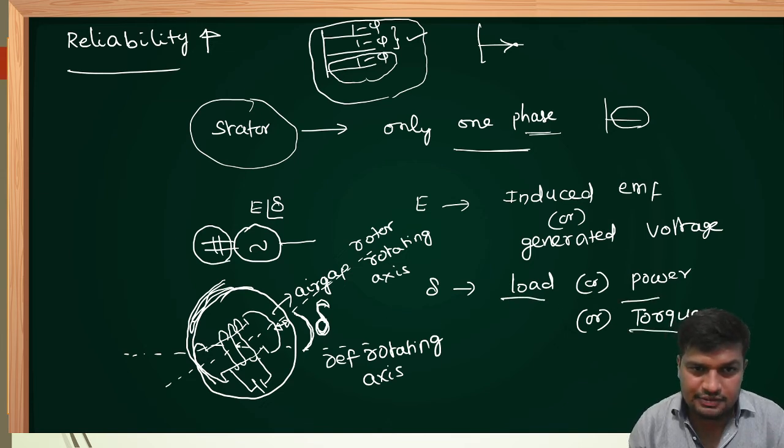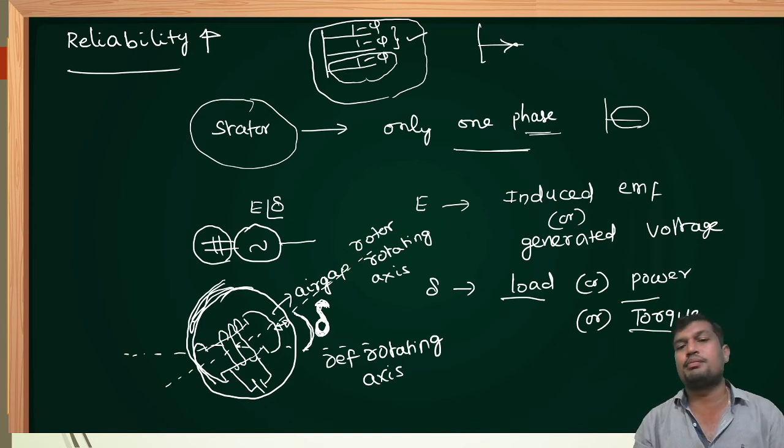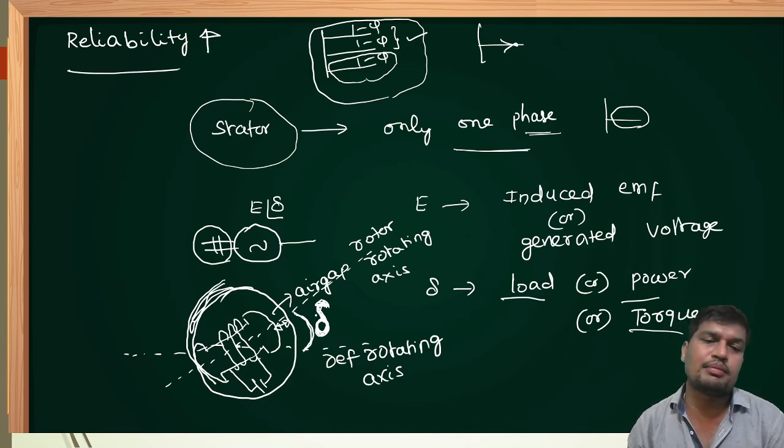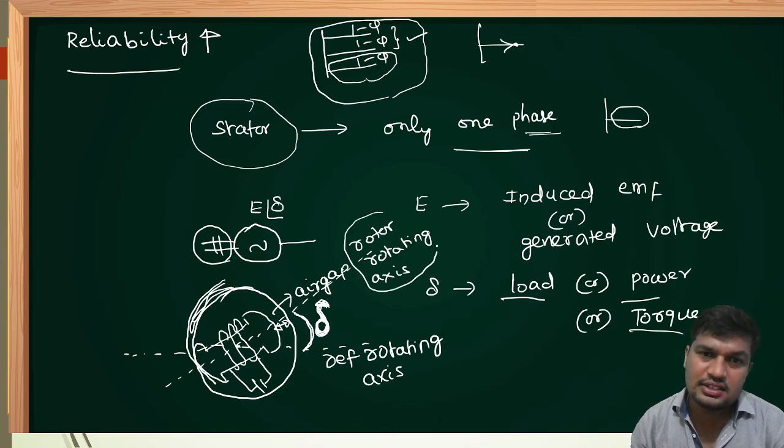But in transmission and distribution, delta has another name. At that time I will explain what delta is. Right now, in power system stability analysis, delta is called load angle, power angle, or torque angle. This delta is the angle between the rotor rotating axis and the reference rotating axis.